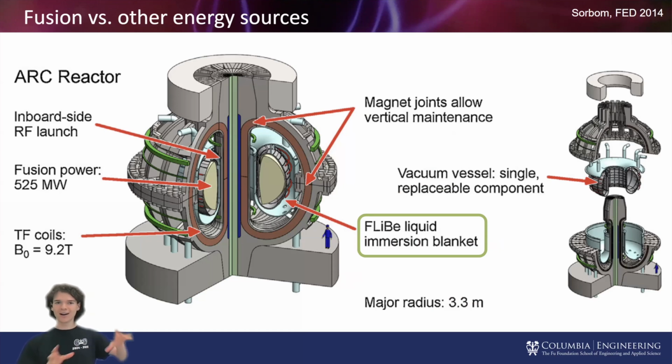We'll talk a lot about the structure of everything going on here. All you really need to know is that the plasma is shown in this greenish, tannish color in the center, and surrounding it immediately is this FLIBE blanket, which has lithium in it, and that's how we could produce tritium out of a fusion device.